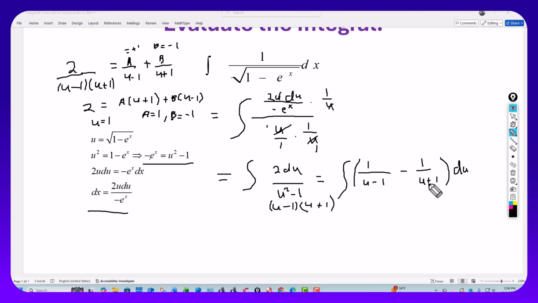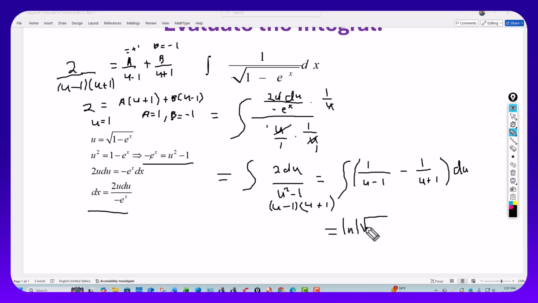So this is set up as an integral for natural log. Remember, these are both integrated with respect to u. du over u, du over u. So this is just going to be equal to the natural log of the absolute value of u minus 1 for this one. But you always go back to the original variable. What is u? u is the square root of 1 minus e to the x.